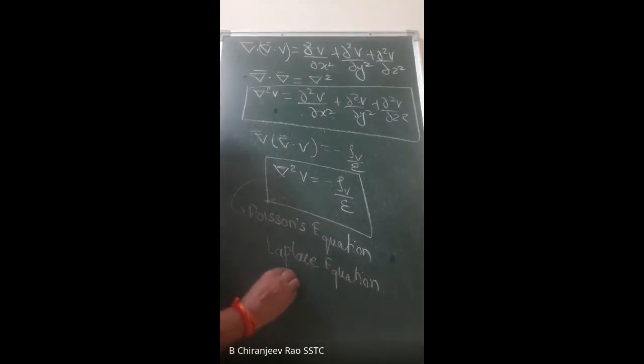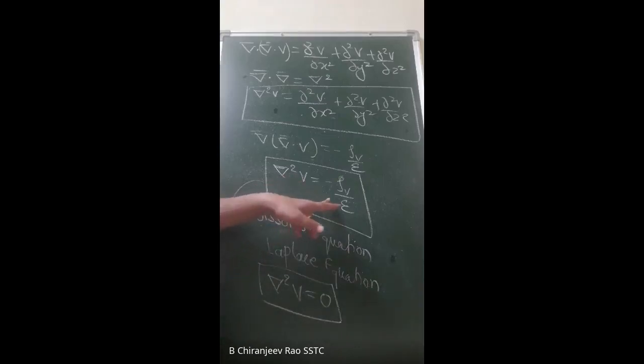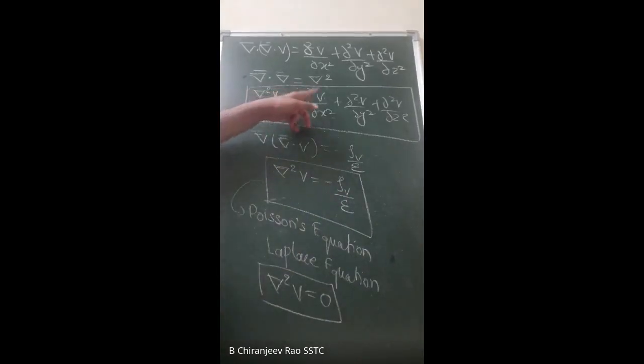It is del square V is equal to 0. So this is Laplace equation and this is Poisson's equation: del square V is equal to minus rho V upon epsilon naught. And what is del square V equal to this much? It is for rectangular. Again we have to study three forms of del square V: for spherical, for cylindrical, and for Cartesian. And del square V is equal to 0 is the Laplace equation.